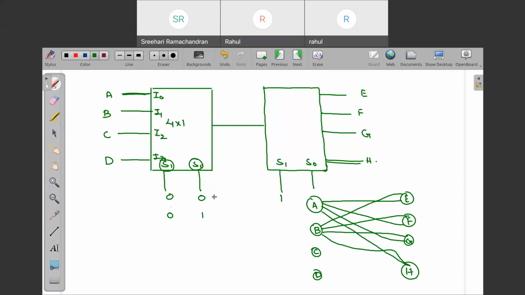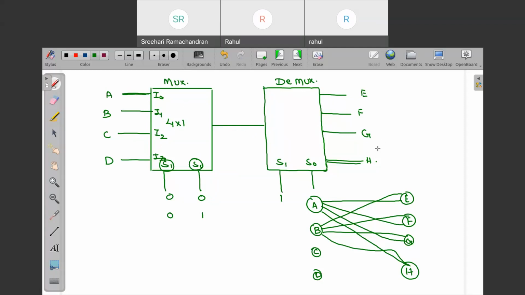So in a multiplexer we have many inputs to one output, and in a demultiplexer we have one to many. In a multiplexer, we have many input lines and a single output line, and in a demultiplexer, we have one input line and many output lines.